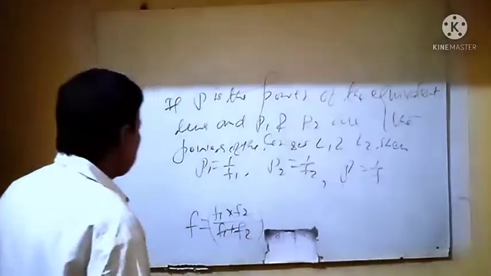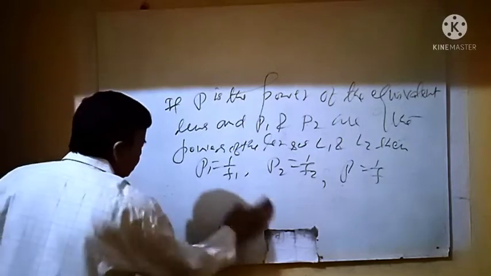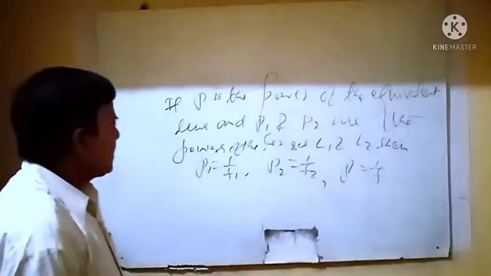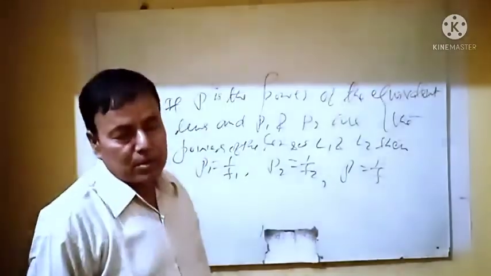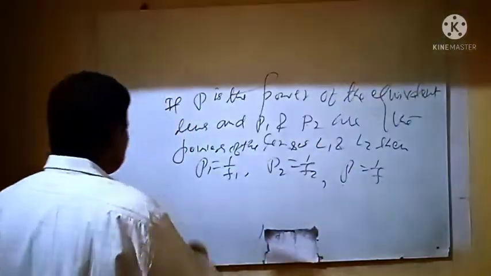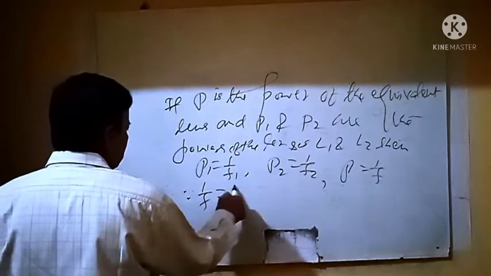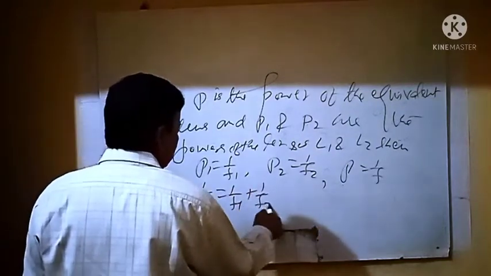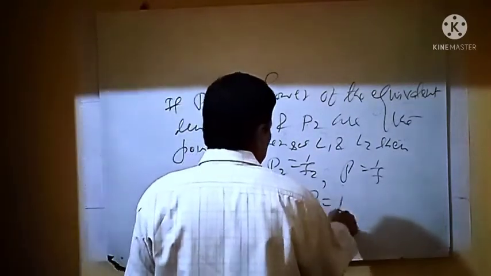P1 is the power of a lens whose focal length is f1, and P2 is the power of the lens whose focal length is f2, and P is the power of the equivalent lens. Since 1 by f is equal to 1 by f1 plus 1 by f2, therefore P is equal to P1 plus P2.